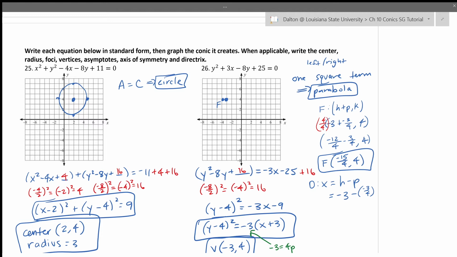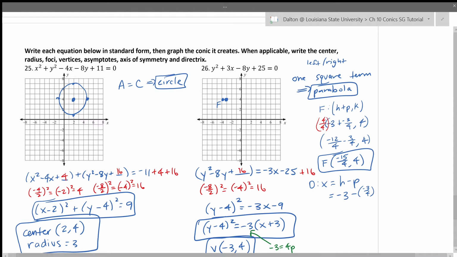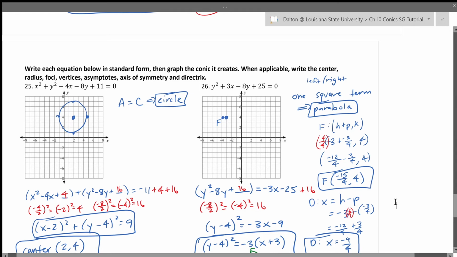So again, if I multiply this negative 3, I want it to have a common denominator of 4. So if I multiply that by 4 over 4, then I get negative 12/4 plus 3/4, which will give us the directrix line with the equation x equals negative 9/4. And again, that's going to be a vertical line a little bit beyond negative 2.